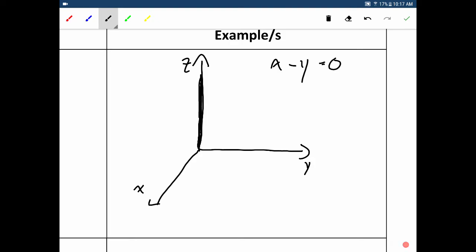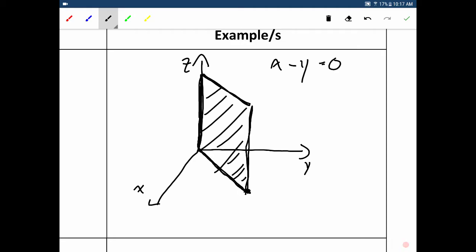If we pick 3, 3 on the x, y, and then z is 0, that's going to be over here. Then we can just connect that point to the origin, and from there, we just turn it into a plane. Again, it's not perfect, but you get the idea. And that's it.